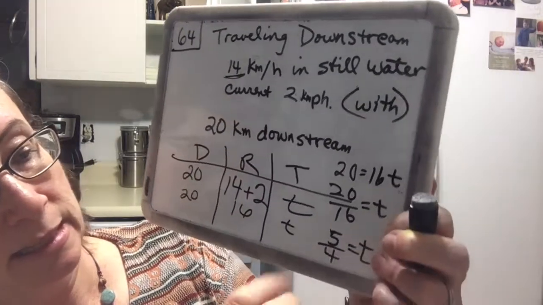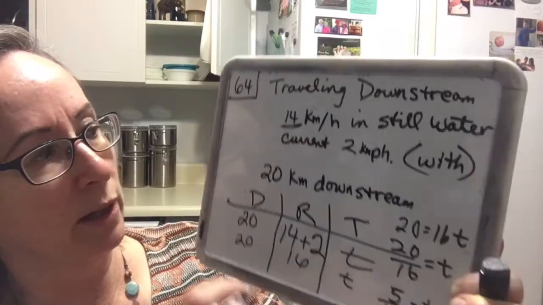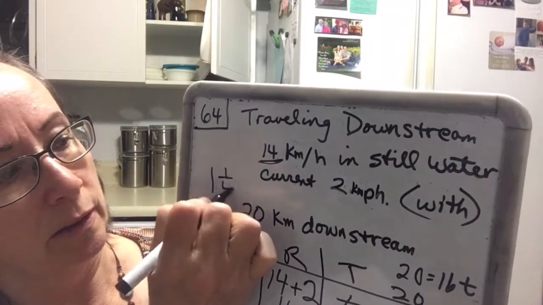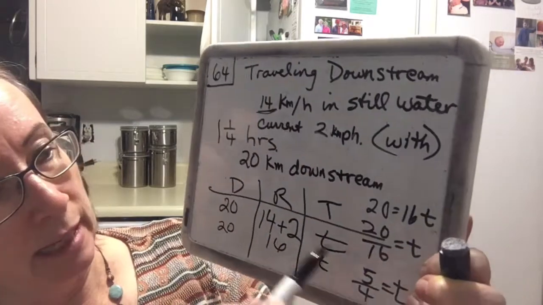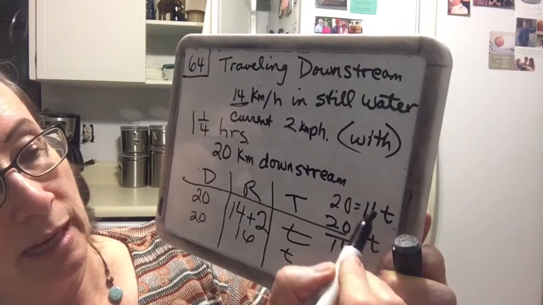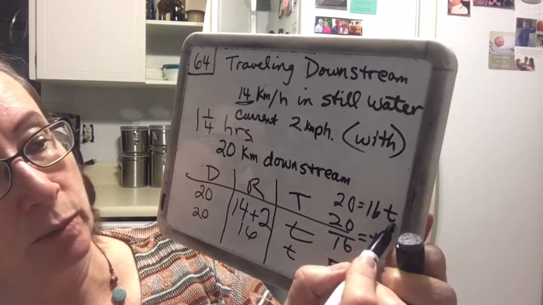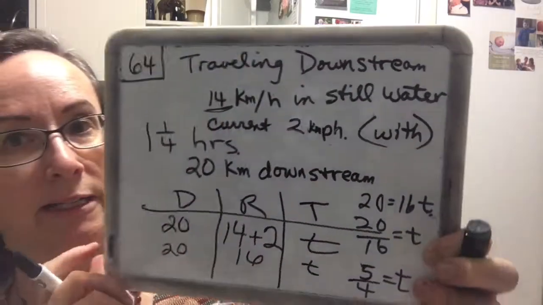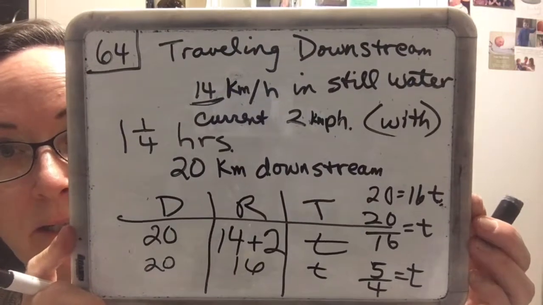So it's going to take us 1 hour and a quarter, 1 1/4 hours in order to get there. If I put 1 1/4 into the equation, I would get 16 plus a quarter of 16, which would be 4, and 16 plus 4 is 20. And that is problem number 64.